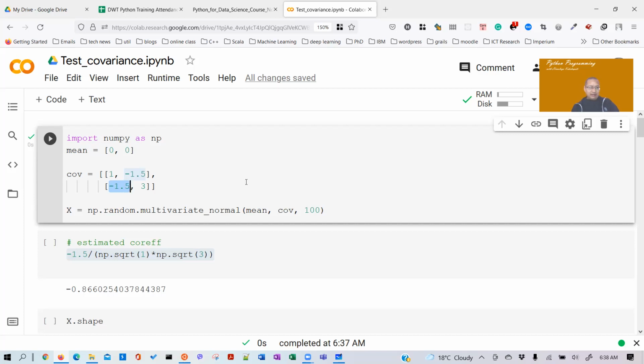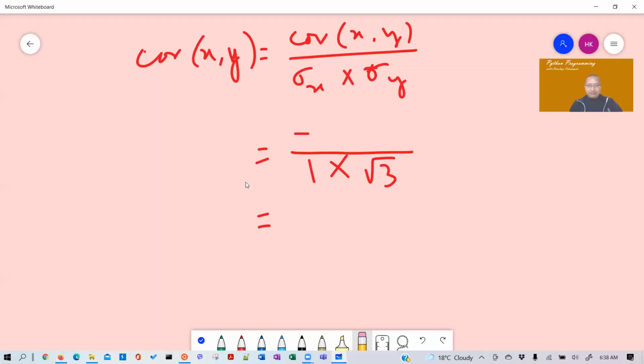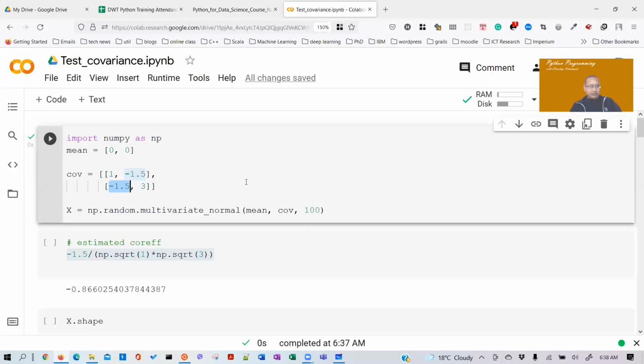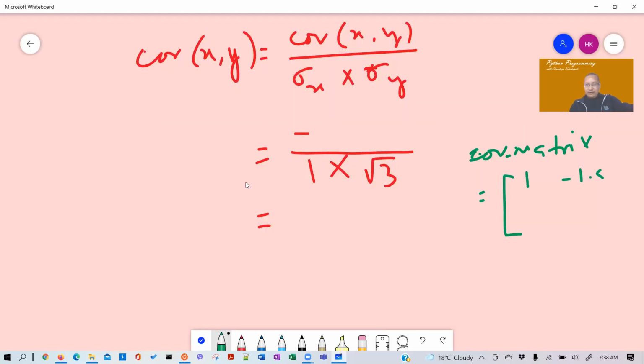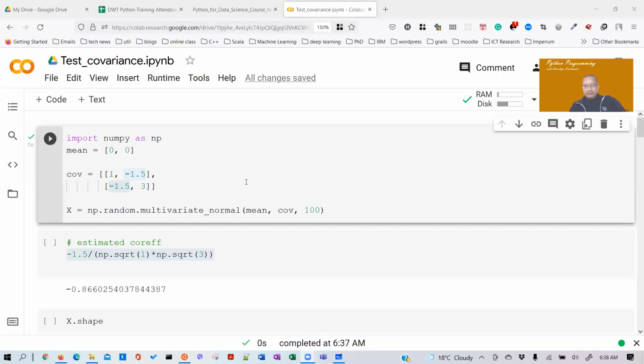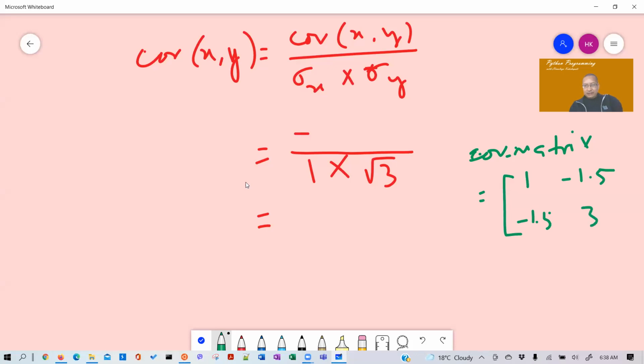Our covariance matrix is equal to 1, minus 1.5, minus 1.5, 3, because this is a mirror image.